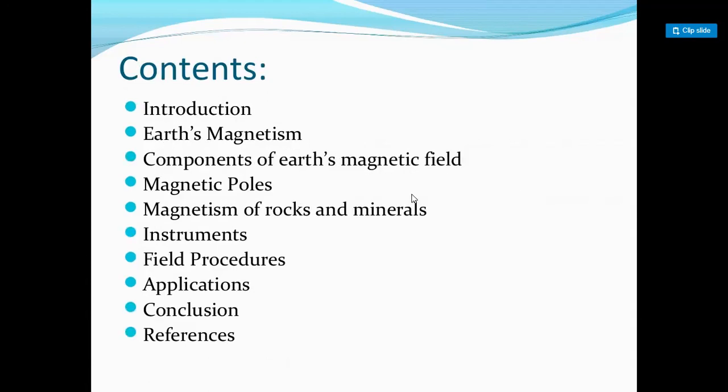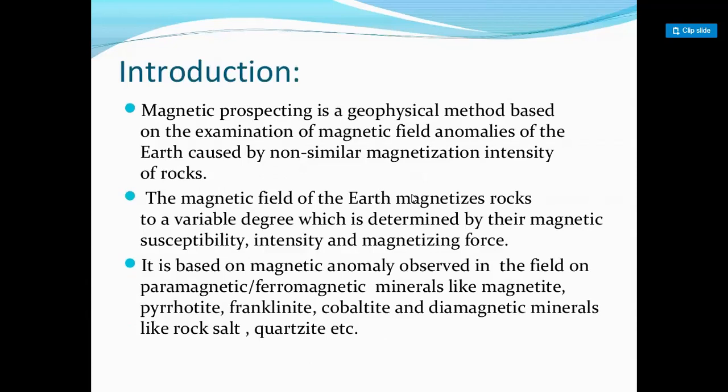But here we elaborately discuss that magnetic prospecting is a geophysical method based on the examination of magnetic field anomalies of the earth caused by non-similar magnetization intensity of rocks.